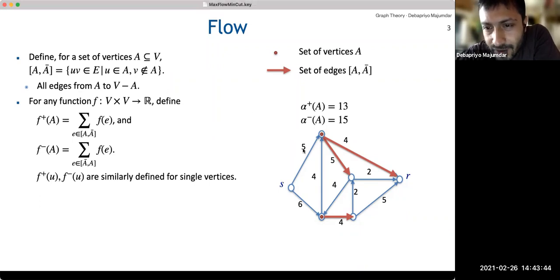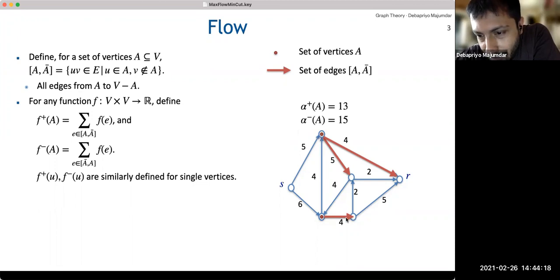So if we just think about this particular vertex, alpha plus of this vertex will actually be 5 plus 4, right? 9. Only these two are going out of this vertex. And then the in will be 5 and 4, 9. In also in this case is 9. It's not necessary, by the way, that for any function both are the same. For example, you can look at this vertex.